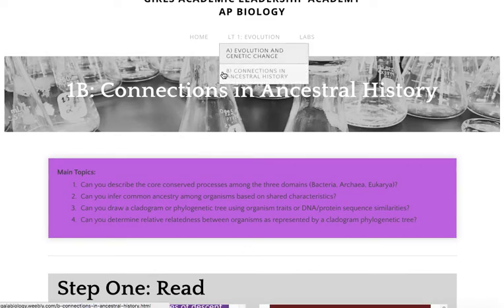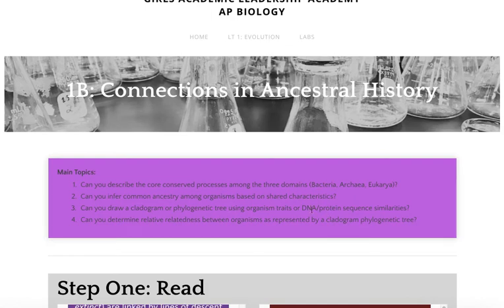Here we go. This is part of what we have to look at. We used organism traits, but we also need to learn how to do DNA. It's going to be very similar to the one that I just showed you. They're both really helpful, so I'd recommend going through all of those.